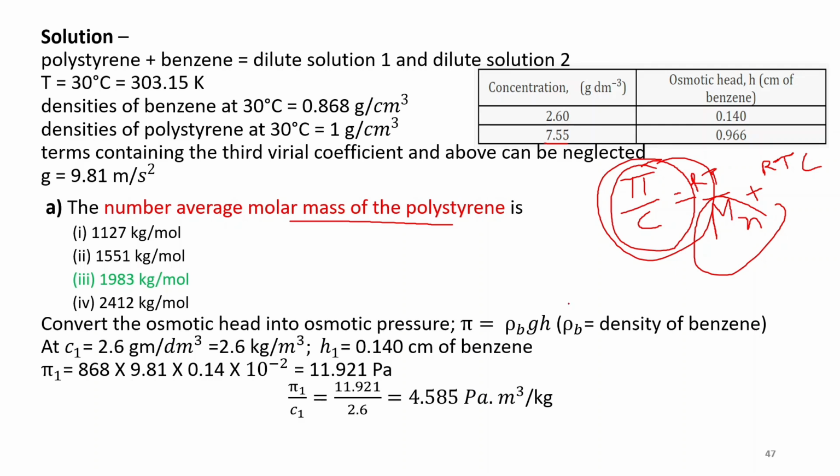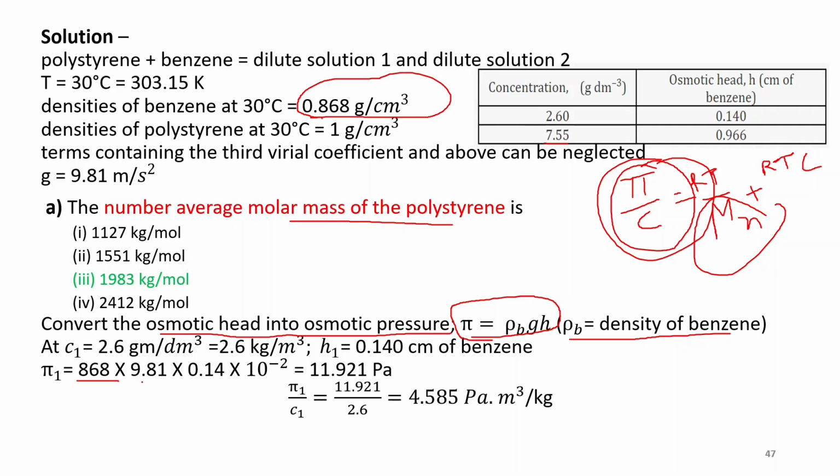So first we calculate pi, the osmotic pressure. We need to convert this osmotic head into the osmotic pressure by the formula pi equals rho g h, where rho is the density of the benzene. Here the density is given as 0.868 gram per centimeter cube, so in the meter system we get 868.